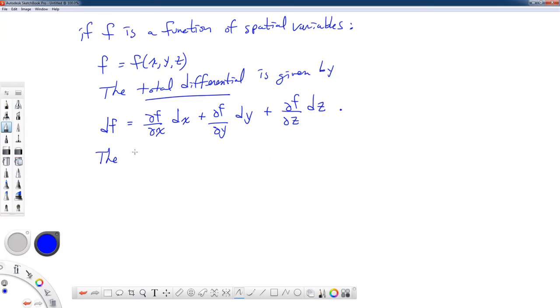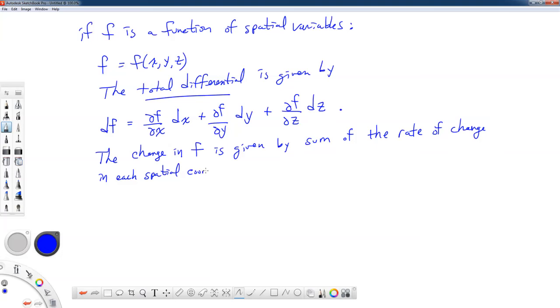So we can say that the change in f, the df, is given by the summation, or the sum, of the rates of change in each spatial direction, and the rate of change being something like the partial derivative of f with respect to x, or the other two that we have there, times the amount of change in each direction, times the amount of changing position in each direction.